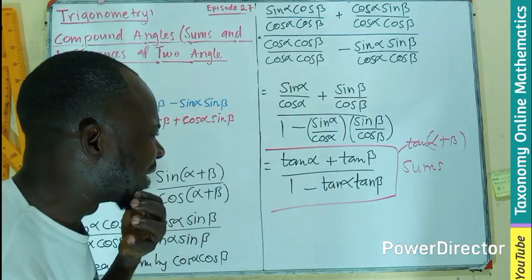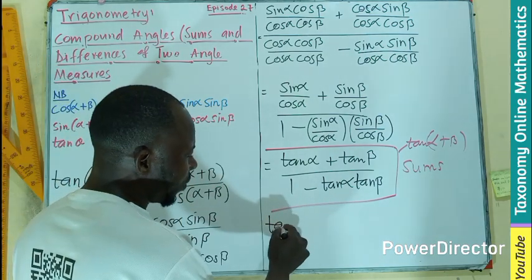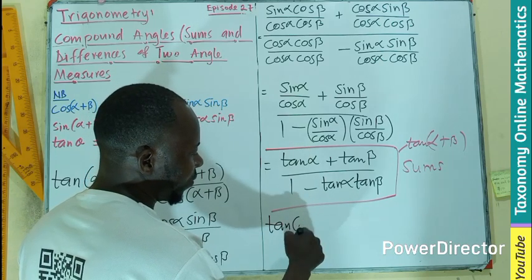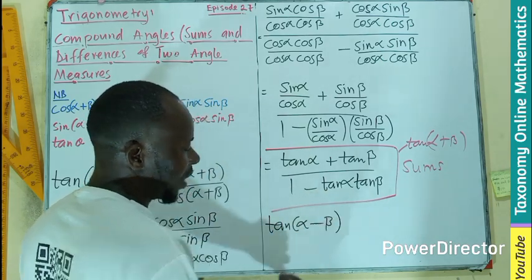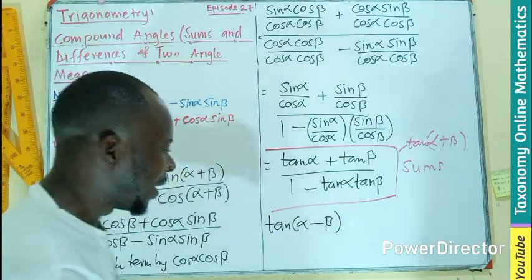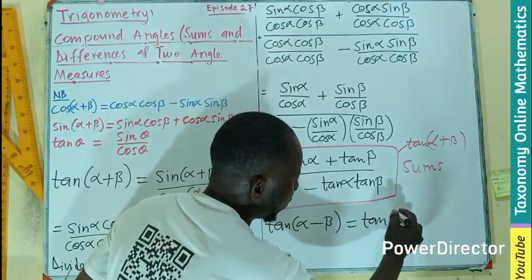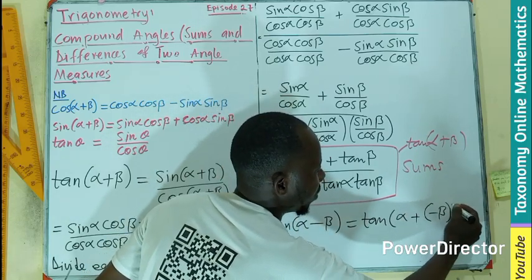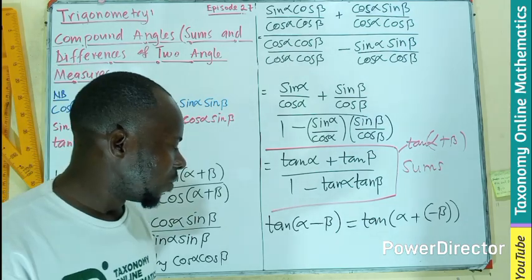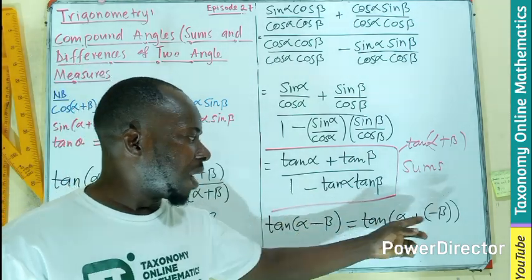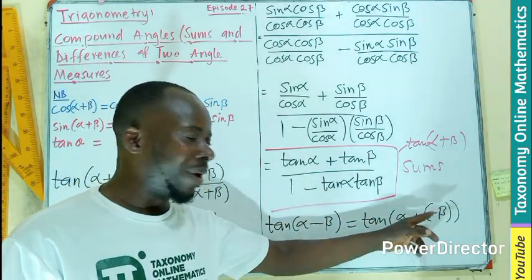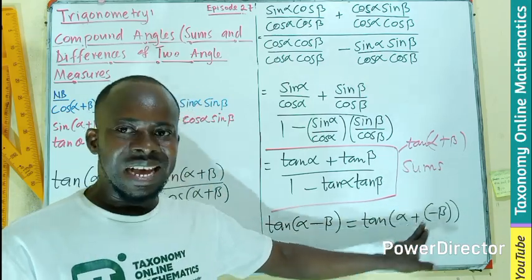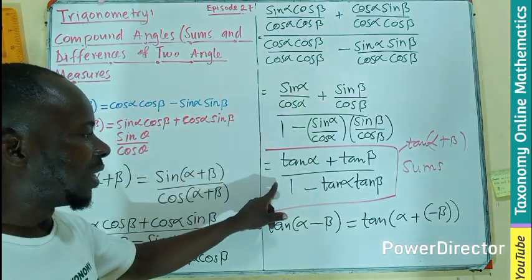Let's see if we can do it for the difference. Remember, we are looking for the tan of the difference. This will be the same as tan of alpha plus, this. Will that be true? This is negative, right? But if I open this bracket, it will become alpha minus beta. And I know how tan of a first angle plus a second angle is expanded here.